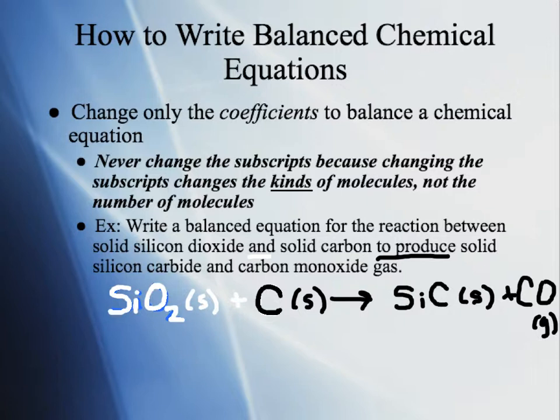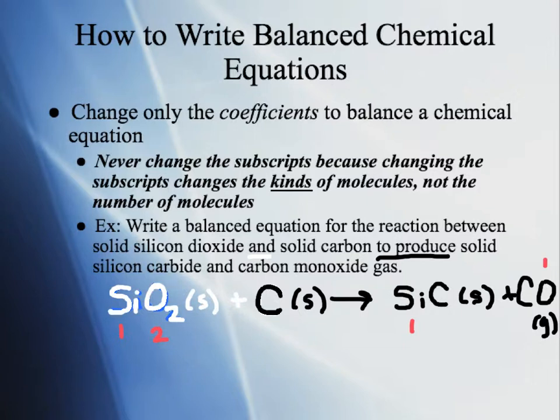All right, so right now, if we take a look, we've got one silicon on both sides, so that's balanced. Here we've got 2 oxygen atoms on this side, but only 1 oxygen atom over here. Okay, so oxygen is unbalanced.